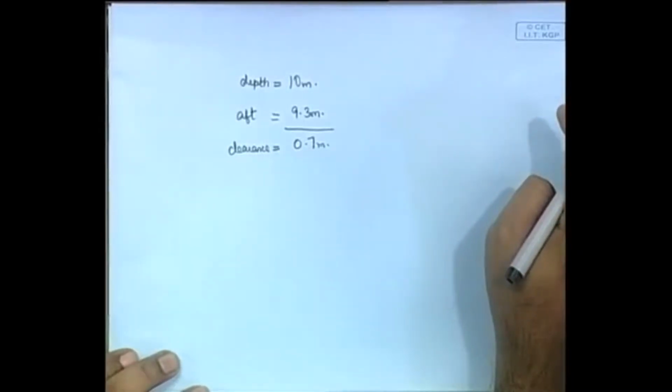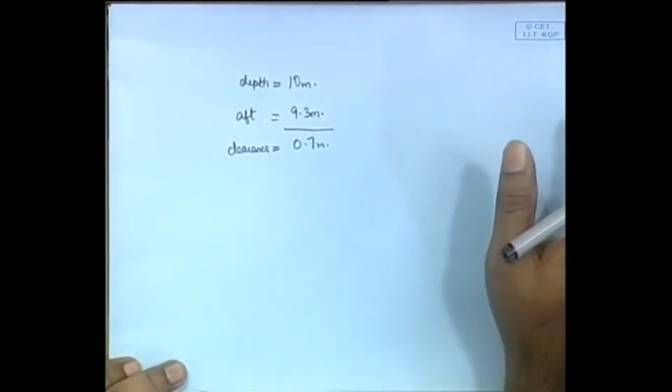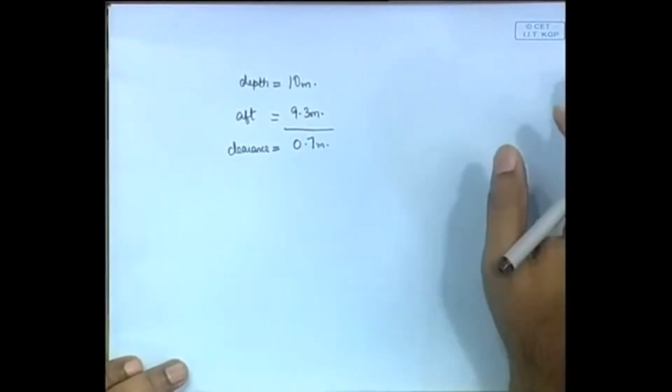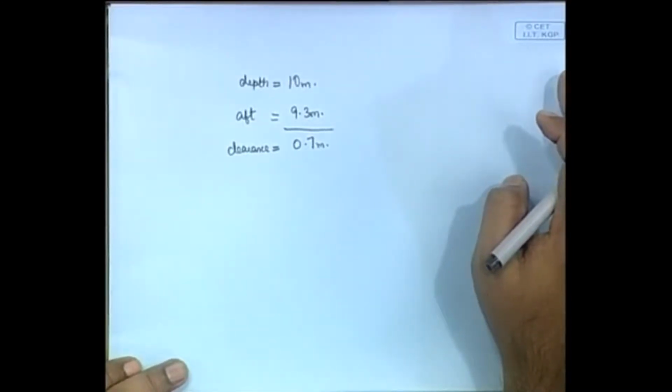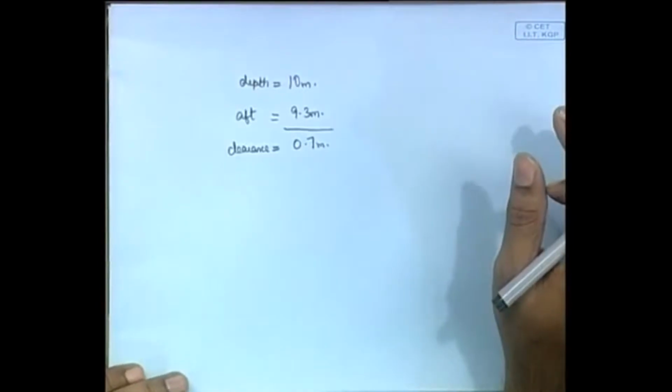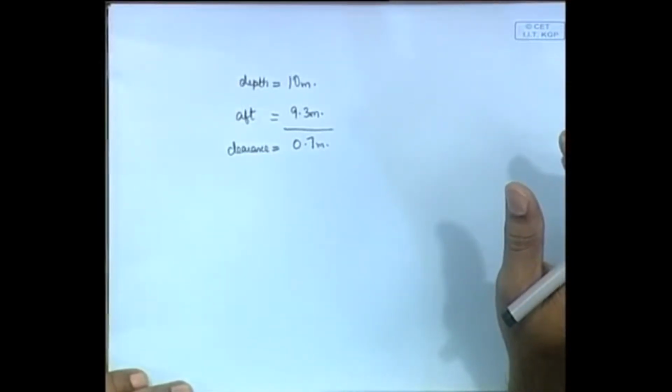Now the only mistake that will come, obviously, when you do this problem, is this. You are told that the water level has fallen by 1.2 meter in the dock. Now one thing you might directly do is consider the change in draft in the aft position.